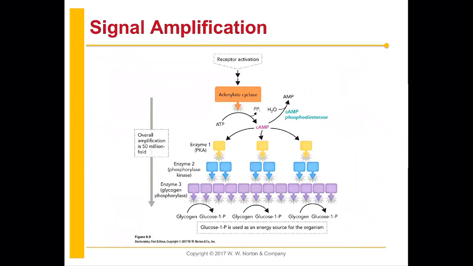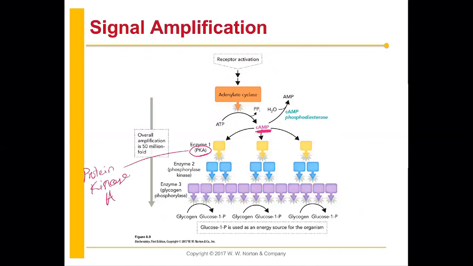If we have cyclic AMP being made, the cyclic AMP is going to bind to and activate a downstream signaling protein. We have our cyclic AMP here, and it's going to bind to an enzyme called PKA. PKA is protein kinase A. Can you guess what it does?